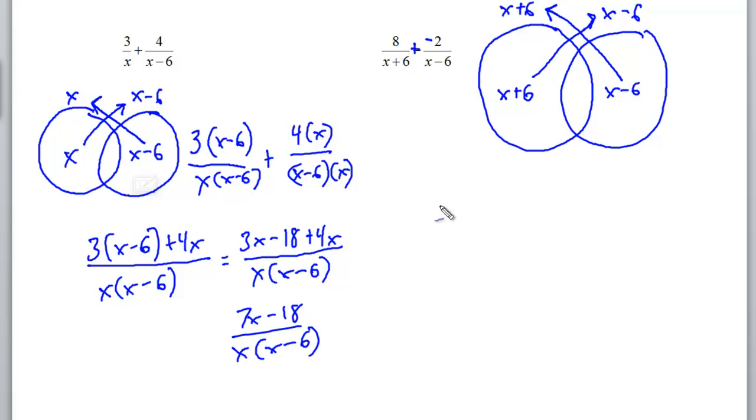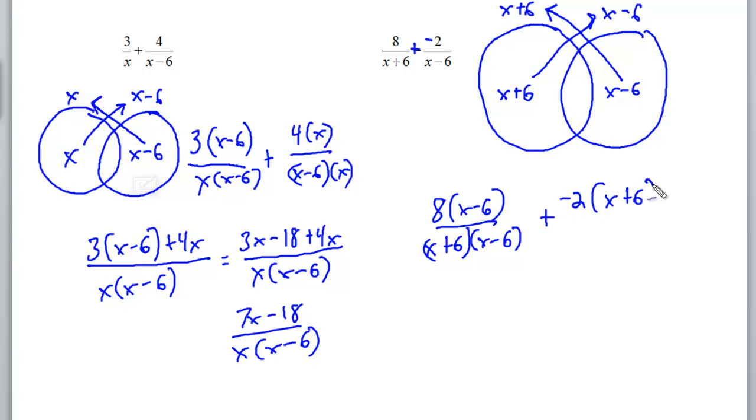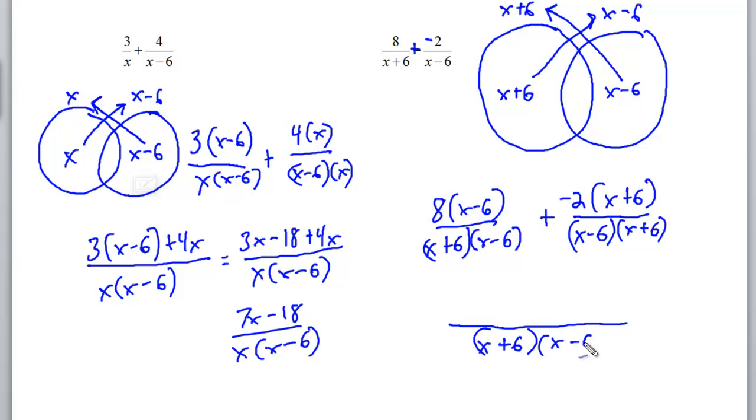So 8 times x minus 6 over x plus 6, x minus 6, plus a negative 2 times x plus 6 with x minus 6 also being multiplied by x plus 6. So we now have to combine these because we have one common denominator of x plus 6, x minus 6, and it's not a good idea to FOIL that out and get that back to a smaller term because you're going to want to keep it like this in case we can do some simplification.